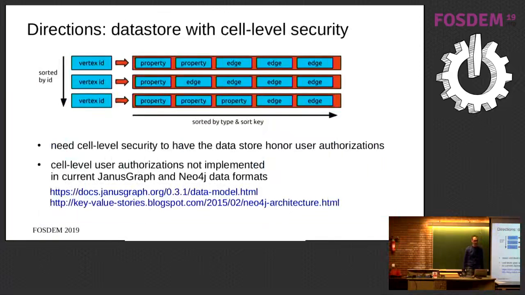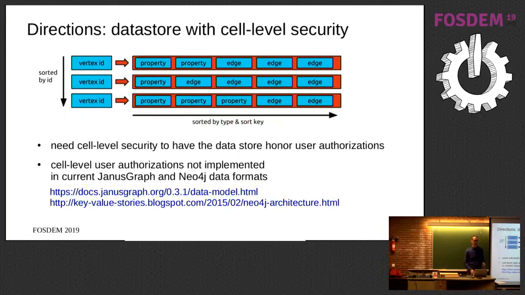The second direction: let's see whether we can do something inside the graph database itself. And for that we have to see how a graph database stores its data. This picture is taken from the JanusGraph documentation, but from a high-level viewpoint, the same holds for Neo4j.